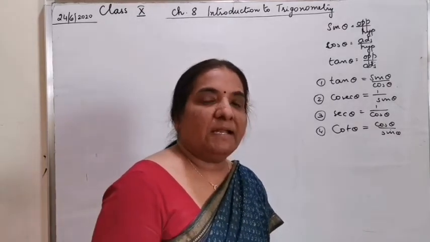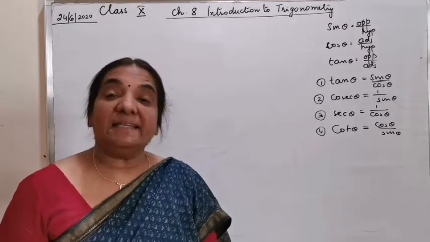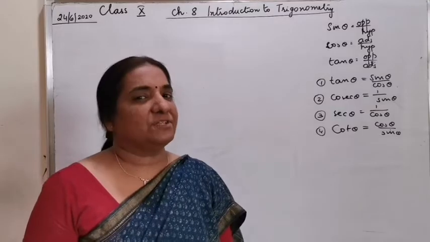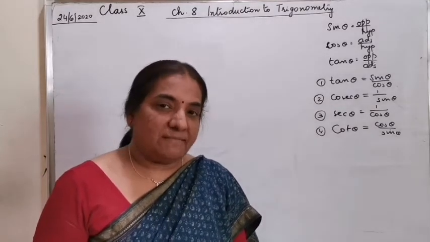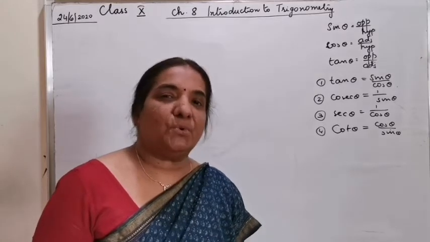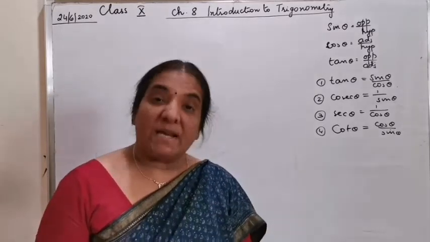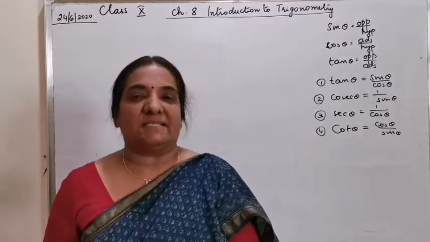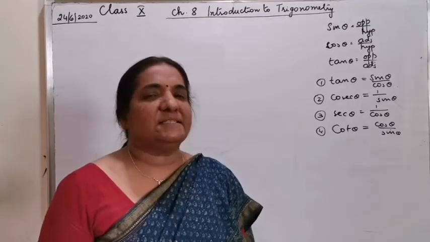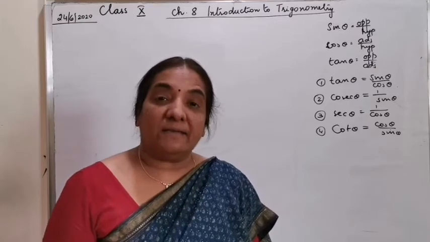So, let us derive some identities for any angle using the trigonometric ratios. That means there are angles between 0 and 180 as well as between 180 and 360, and trigonometric ratios are applied for any of these angles in the higher classes.